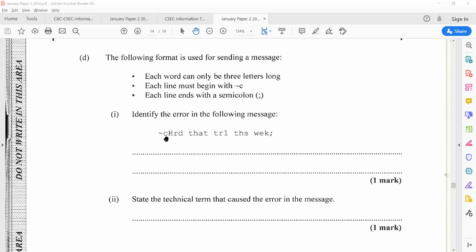So these 2 characters are not part of the word. So the word here is only 3 letters long. Okay, so the answer for this question is T8 is the word that. Okay. Now, the second part, state the technical term that caused the error in the message. What kind of error was this?